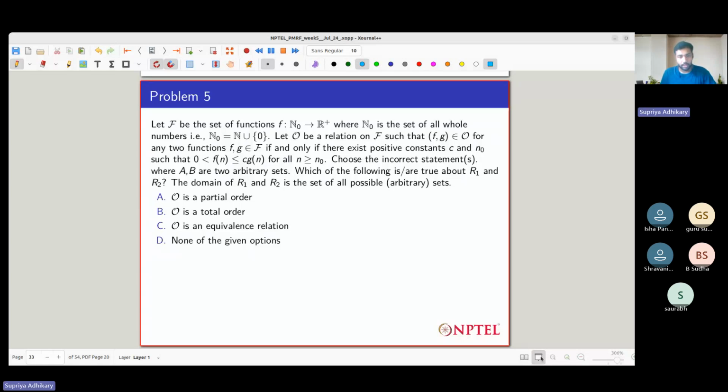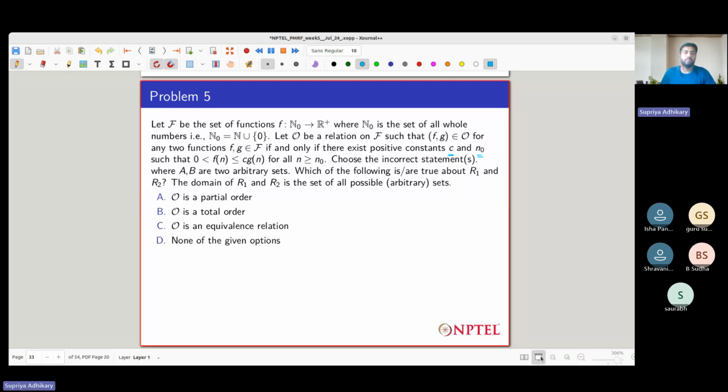And we are considering this O to be a relation over this set of functions. We say that this pair (f, g) is in the relation O whenever this condition holds, that is 0 is less than or equal to f(n), which is less than or equal to c times g(n), where c is a constant, and there exists an n0 such that this is true for all n greater than or equal to n0.